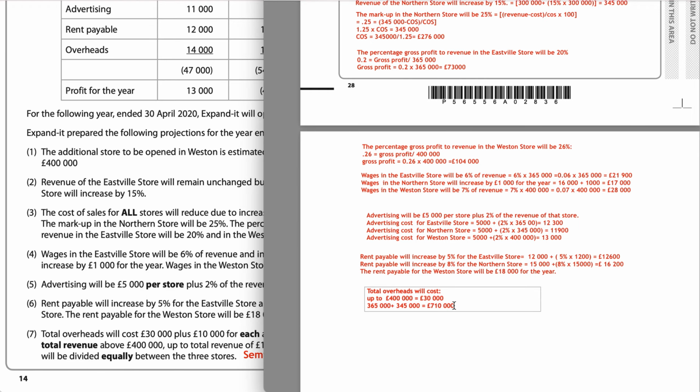So let's check how many 200,000 are in 710,000, because for every 200,000 in 710,000, it's going to increase by 10,000. So 710,000 divided by 200,000 is equal to 3.